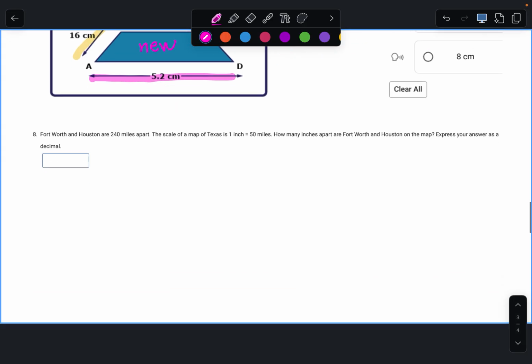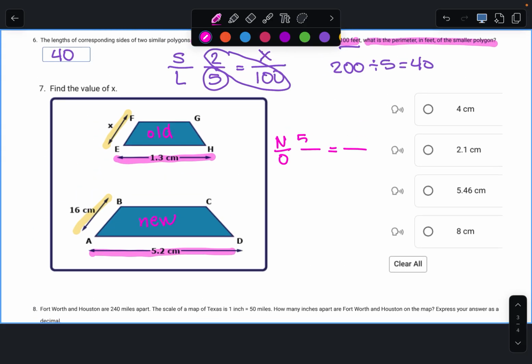So my new one, I have 5.2. And the corresponding side on the old is 1.3. On my new one, 16, and the corresponding side is the one I'm trying to find. That's my x. I'm going to cross multiply and divide.